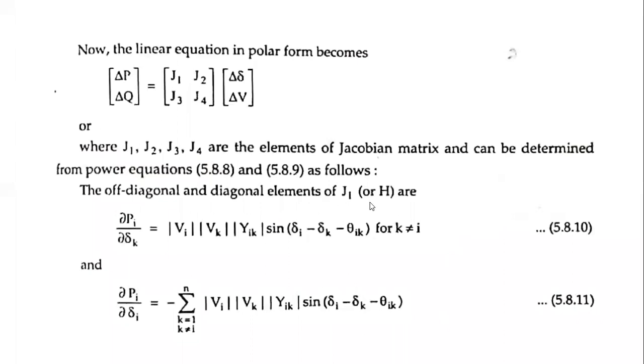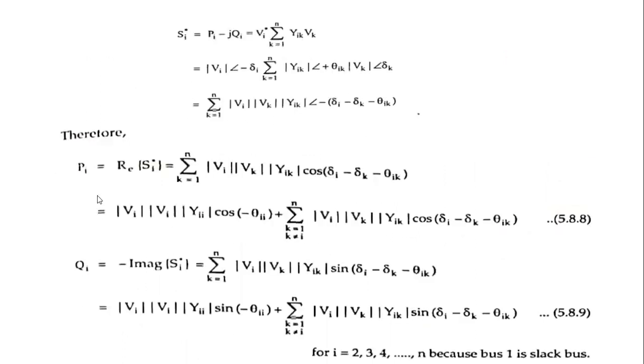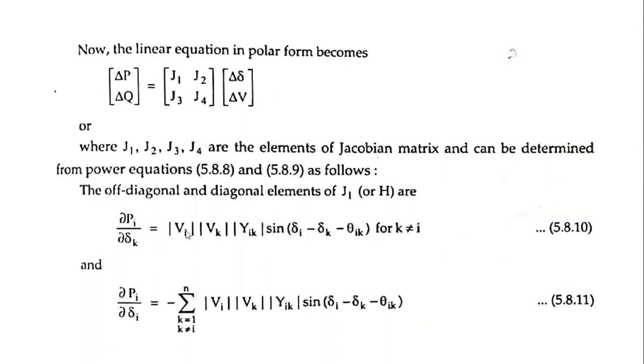What is meant by J1? Dou Pi by dou delta k equals Vi Vk Yik sine of (delta i minus delta k minus theta ik).